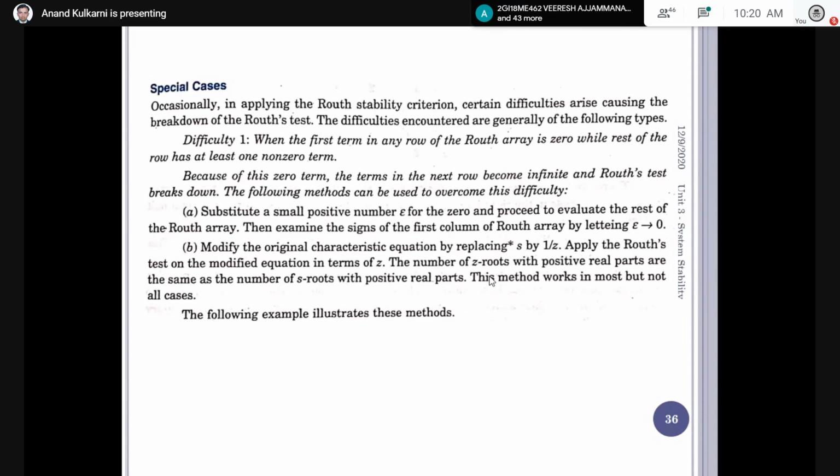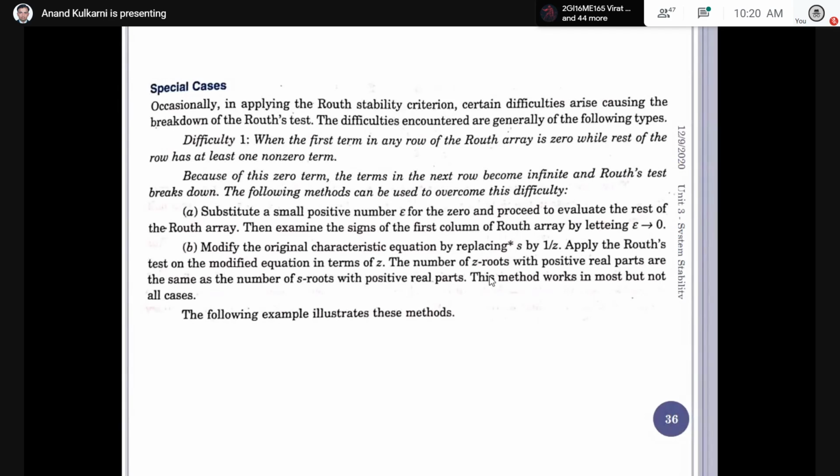Similarly, -1 minus j is on the left side, but with minus j, that means 1 unit on the downside. So there are two roots on the left hand side with -1 only. Similarly, there are two roots on the right hand side with +1 only. That means it looks like a square. If you connect all the four roots, it will make a square. But two roots on the right, two roots on the left.